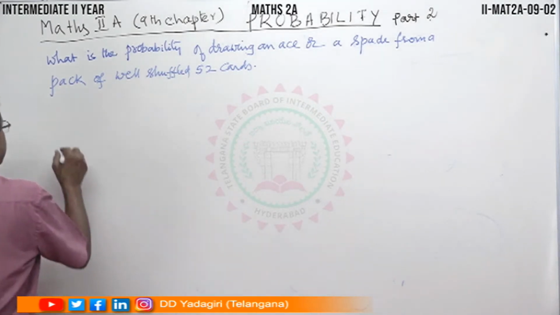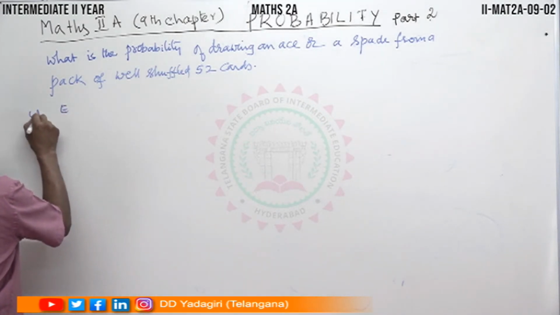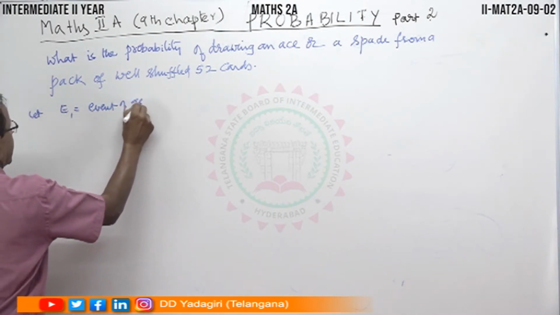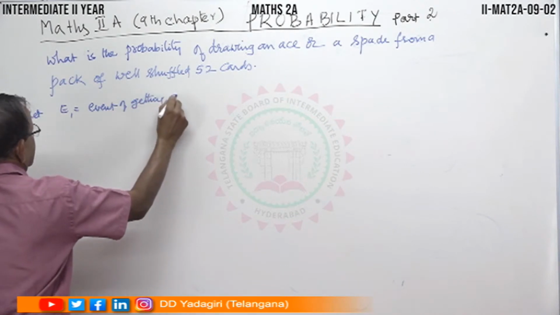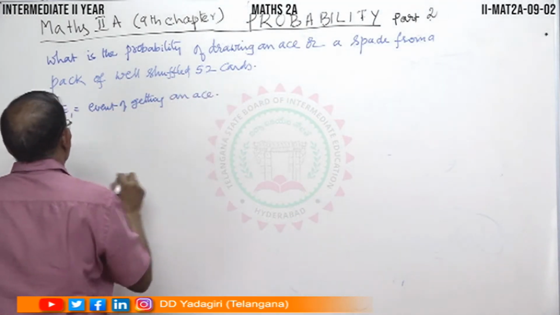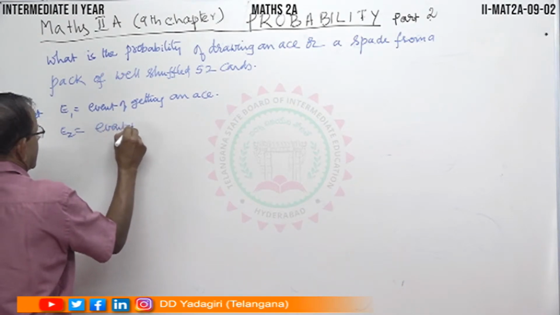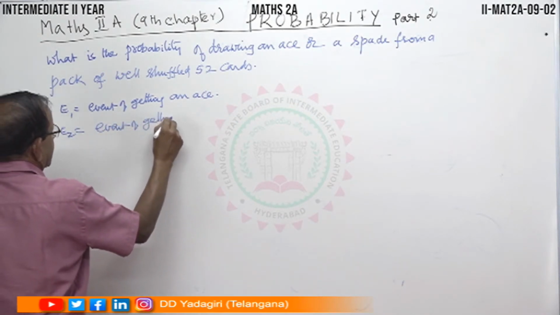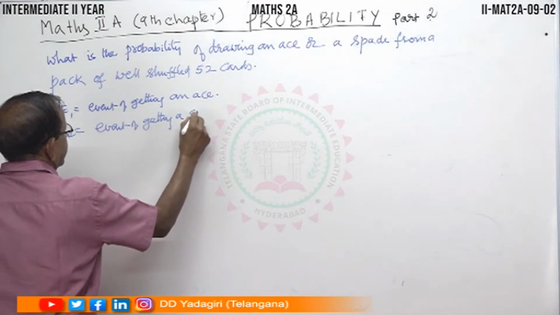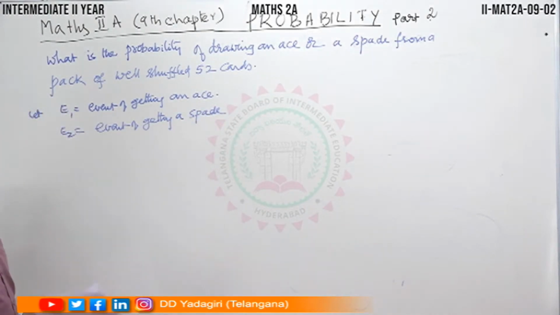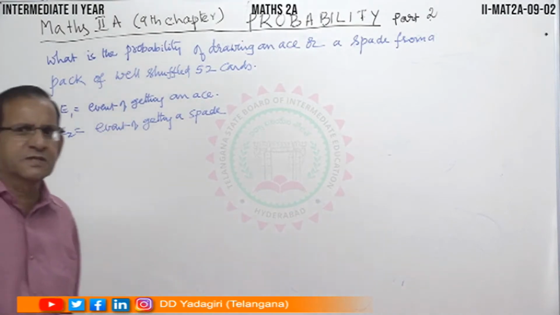Now let us take E1 is equal to event of getting an ace and E2 is equal to event of getting a spade. We have to get either E1 or E2. That means we have to use the addition theorem.